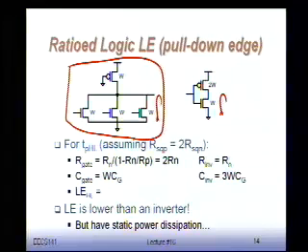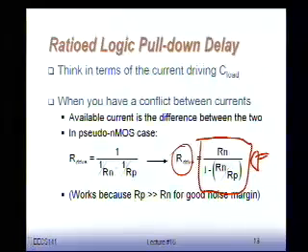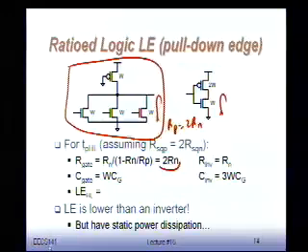From a sizing perspective, in order to make this the same speed or the same driving force, I'm going to use the equation I gave on the previous page, and I assume that RP is equal to 2 times Rn. They have the same size here, which means this one has double the resistance. If I solve this equation, putting RP and Rn in there, you see that the equivalent resistance is 2 times Rn.